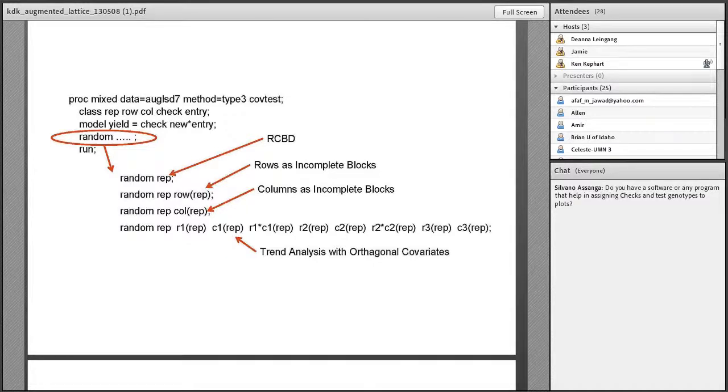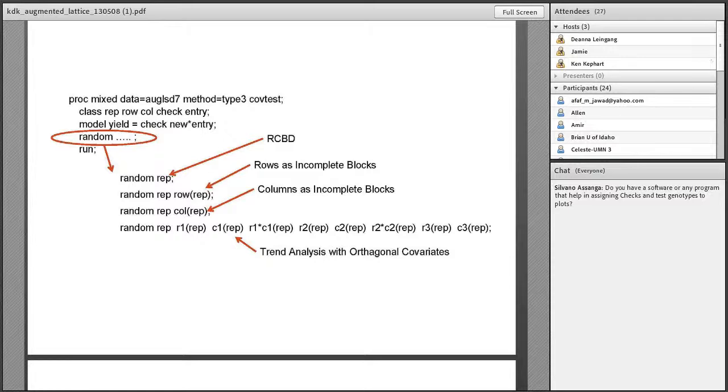Instead, we're going to analyze this with type 3 sums of squares, and so we can force PROC MIXED just to work with type 3 sums of squares by using that statement. COVTEST is me asking for a summary of the covariance matrix in the analysis and some of the calculations associated with that matrix there.